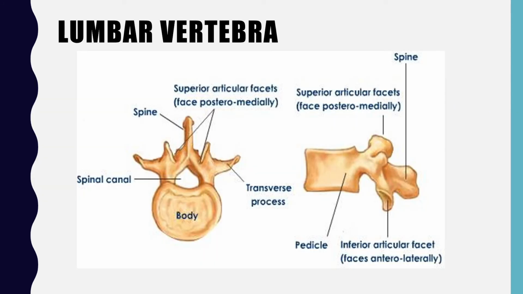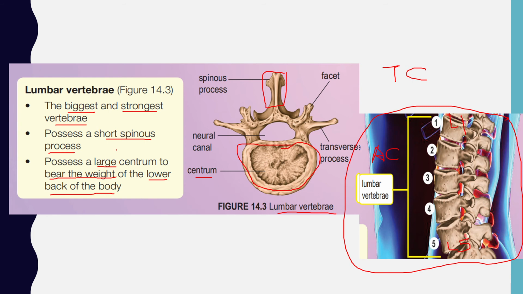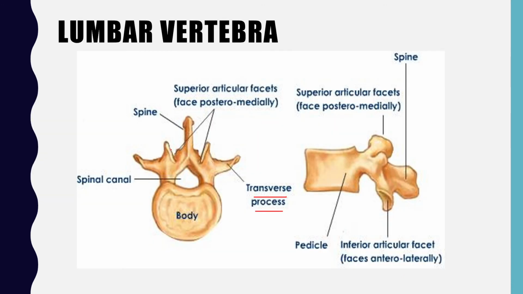So another picture to show. This is the overhead view and the lateral view. Look at the transverse process, which is literally shorter as compared to transverse processes of the thoracic vertebrae.